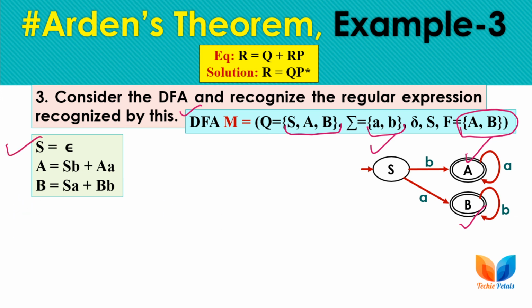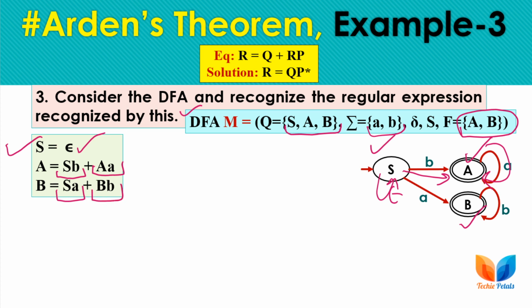Okay, so let's write the expression first. As S is having no other incoming, we have to write the null incoming only, so we are writing null. Next, corresponding to A we are having input from S and also input from A itself, so we are writing S, B and A. Now for B we are having incoming from A, for A incoming from S, and from B we are having this BB.